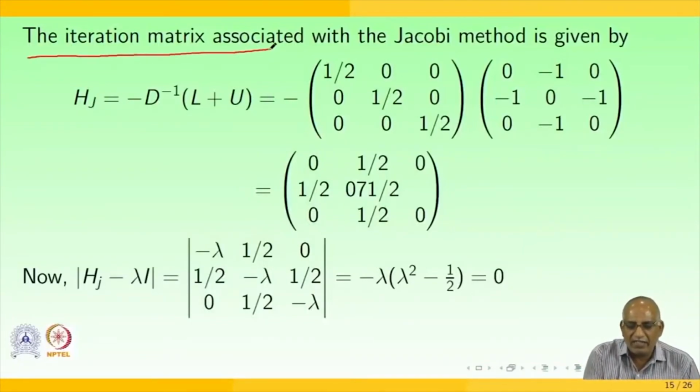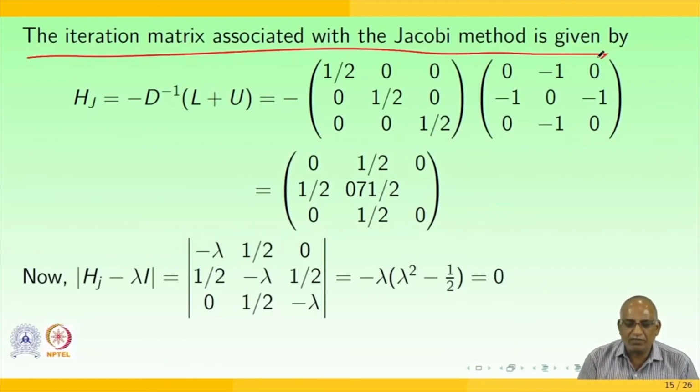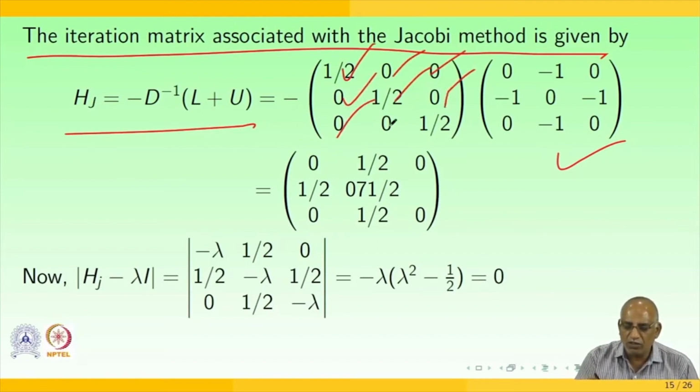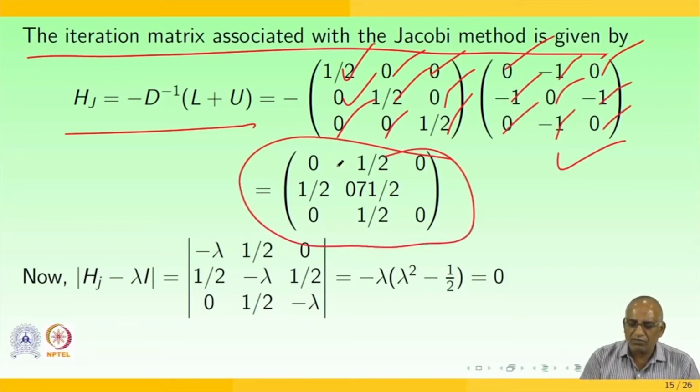The iteration matrix associated with the Jacobi method is given by minus of D inverse, that is [1 over 2, 0, 0; 0, 1 over 2, 0; 0, 0, 1 over 2] multiplied with [0, minus 1, 0; minus 1, 0, minus 1; 0, minus 1, 0]. So you will get the matrix like this.